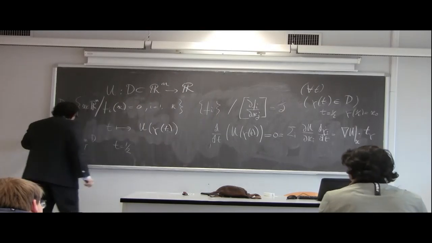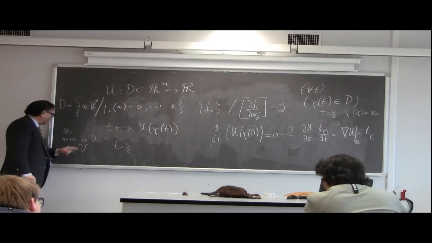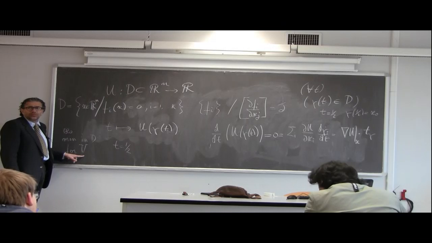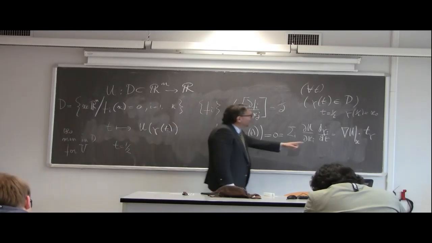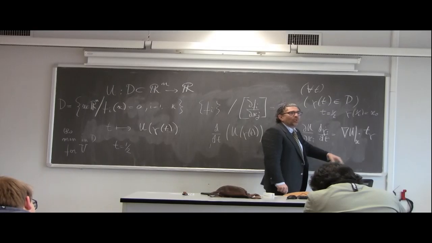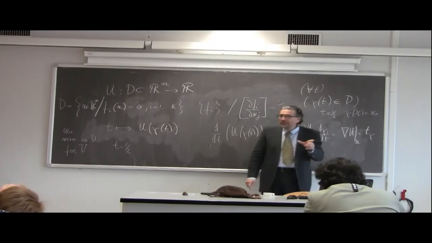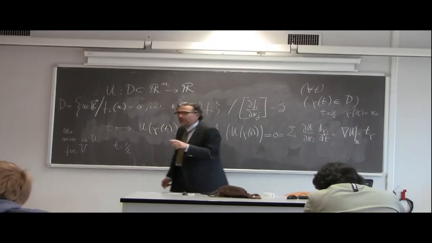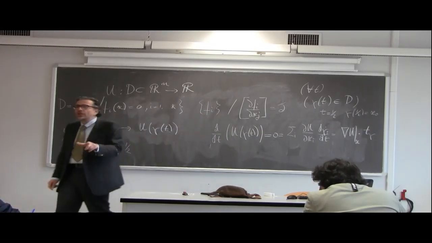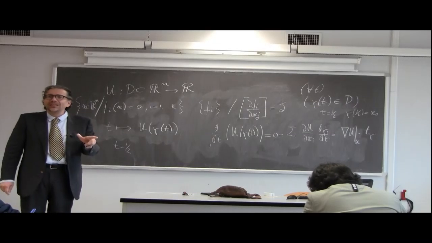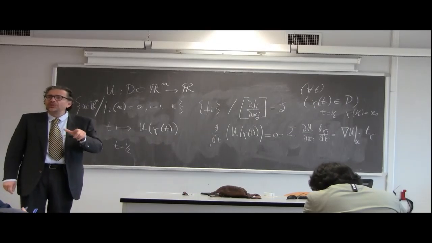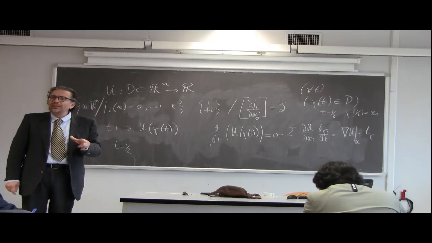So in a minimum point in D for the function u, the gradient of u is orthogonal to every tangent vector, to every curve which is passing in x0 belonging to D. Okay?